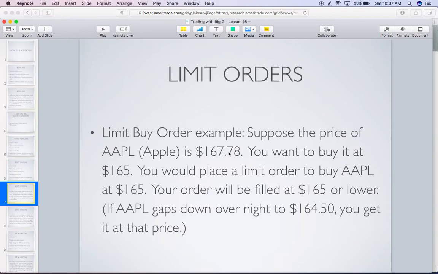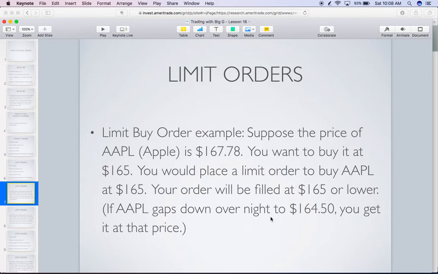I don't want to buy it at $167.78, so you would place a limit order to buy Apple at $165. Your order will be filled when it hits $165 or lower. If, for example, Apple gaps down overnight to say $164.50, your order would be filled and you would only pay $164.50. So you'd even get it cheaper than you wanted.